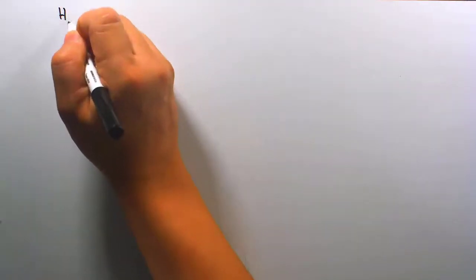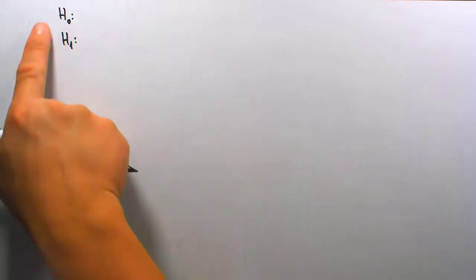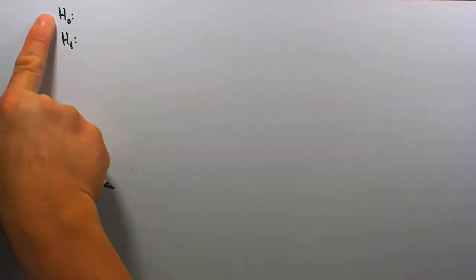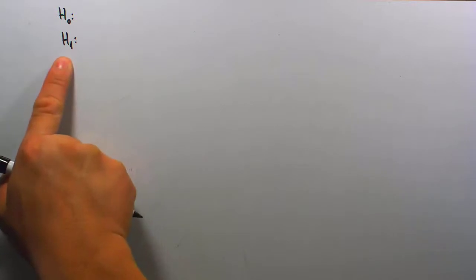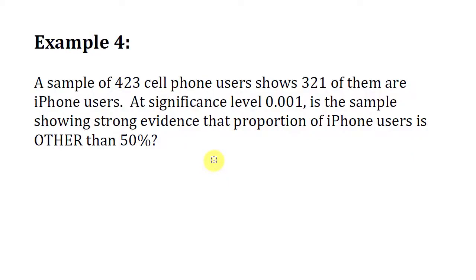our first responsibility, again, is to recognize the 2 hypotheses. H0 for the null hypothesis and H1 for the alternative hypothesis. And we have learned from the general discussion that looking straight into the ultimate statement here, we want to know, is the sample showing strong evidence that the proportion of iPhone users is other than 50%?